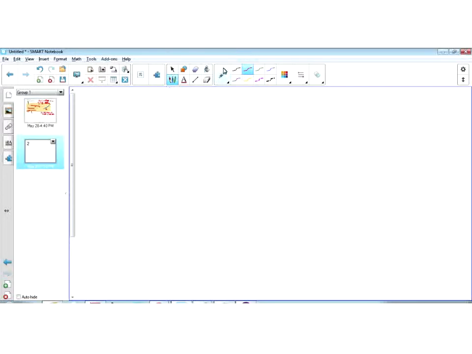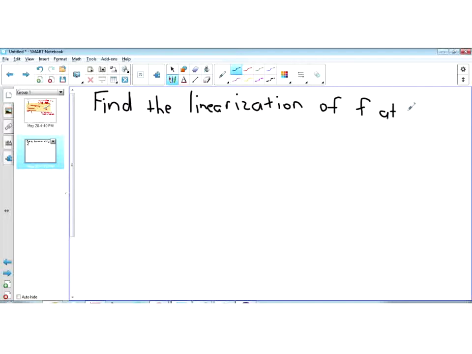So, next page. Suppose I ask you to find the linearization of f at a, where f of x is equal to the square root of x plus 3, and a is equal to 1.